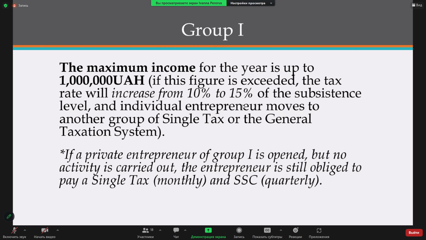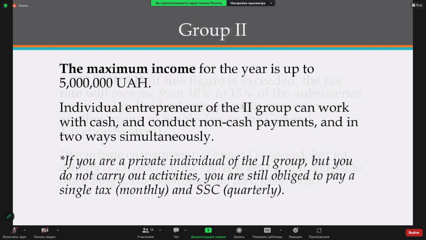And if it's more, it means that your tax rate will increase from 10 to 15%. For the second group, your maximum income is 5 million. And you can work with cash and conduct non-cash payments, and in both these ways at the same time also.